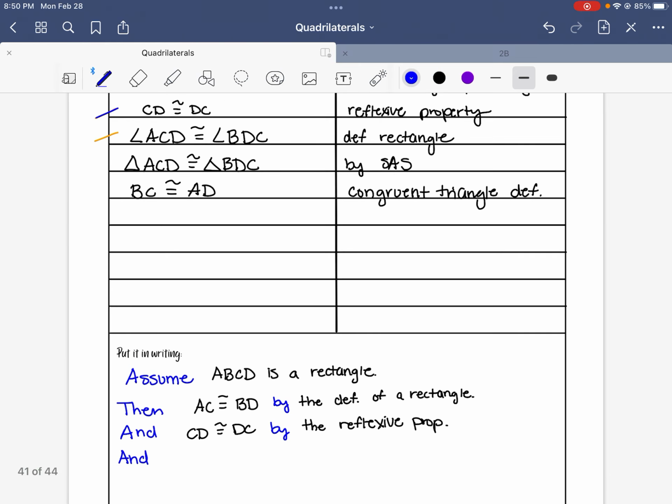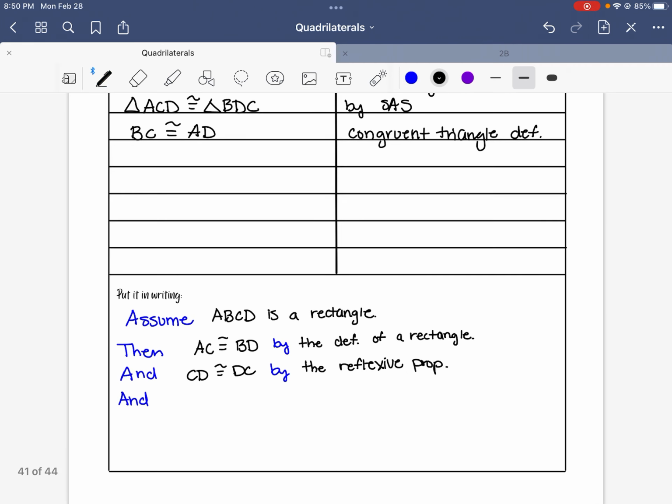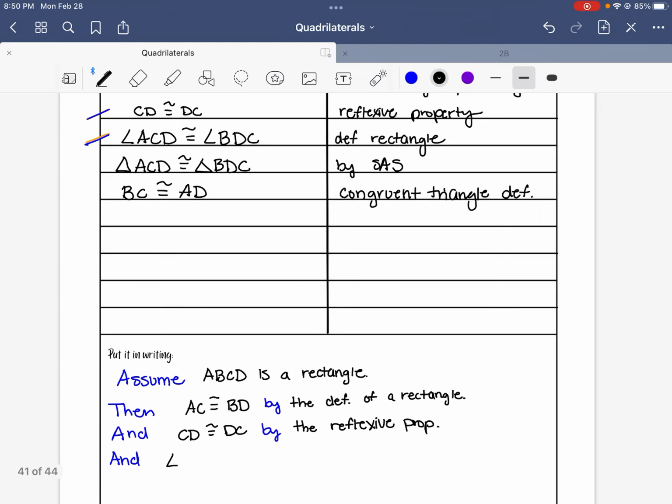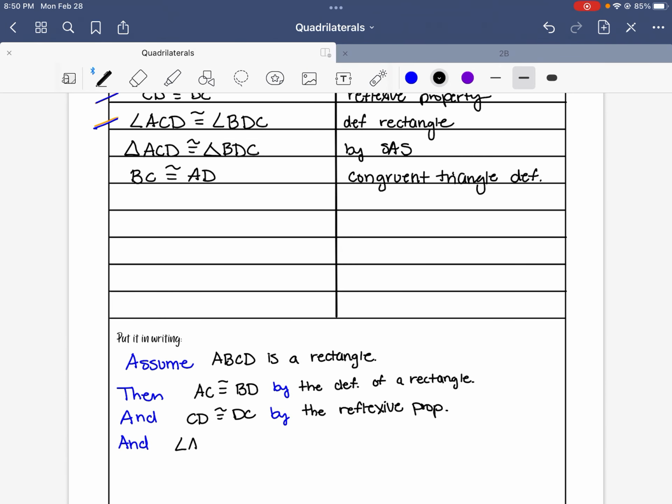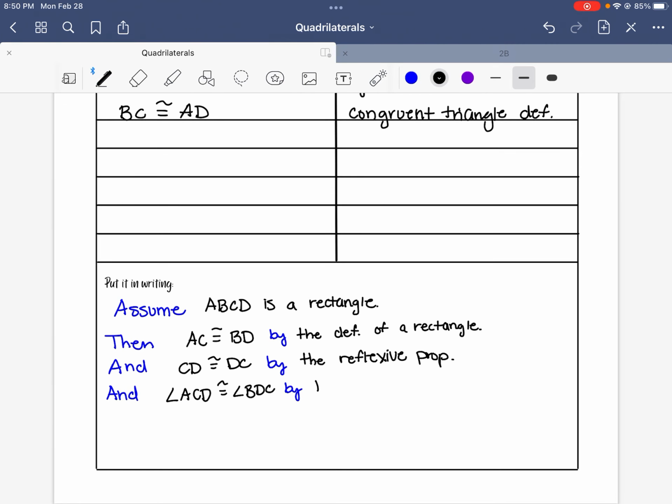You can use and again. So, and the angle ACD is congruent to BDC by, again, we could say the definition of a rectangle. I usually say the definition of a rectangle when I'm claiming a property of a rectangle.